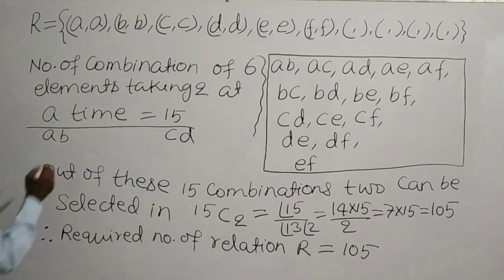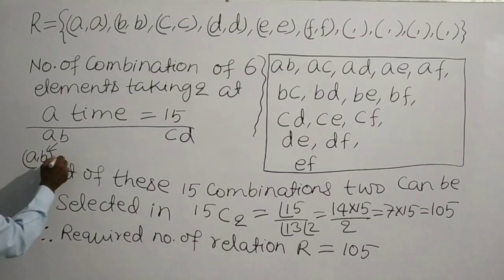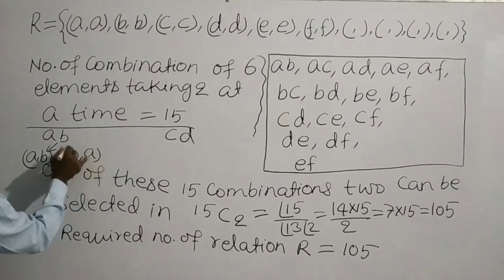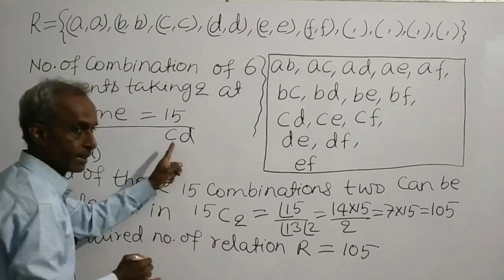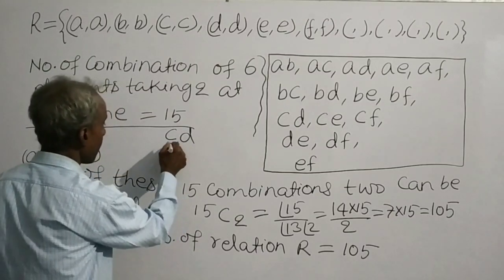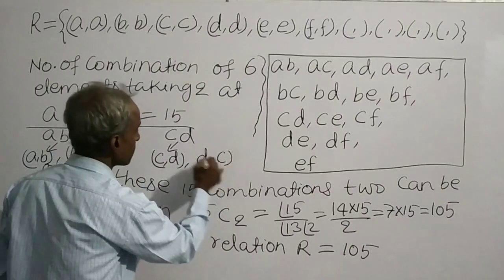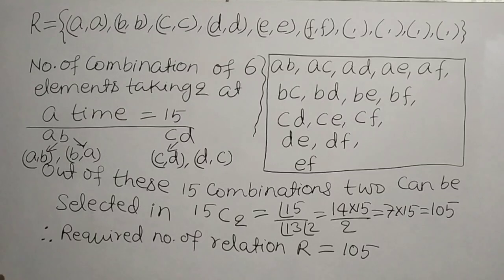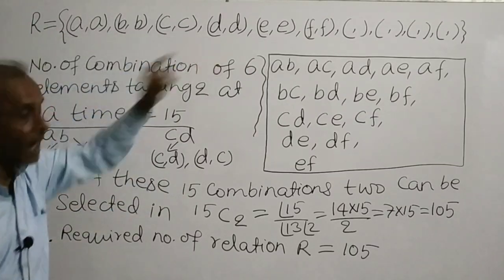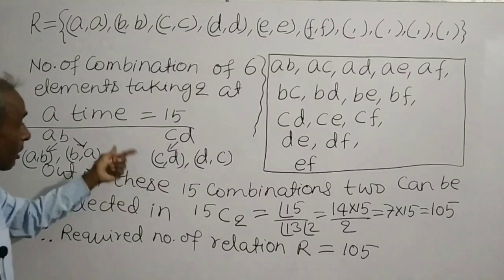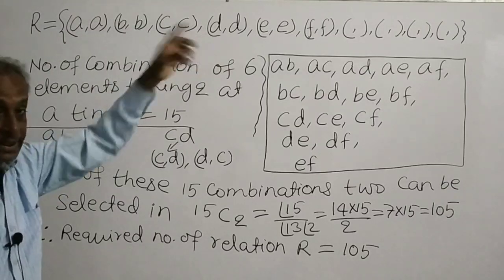Then from AB we can form two ordered pairs AB, BA, and from this combination we can form ordered pairs CD, DC. If we put these four ordered pairs inside this R, then R will also be symmetric and it will contain exactly 10 elements.